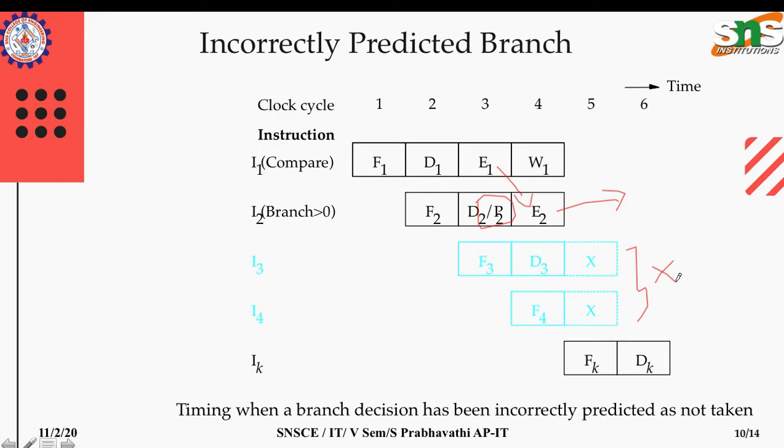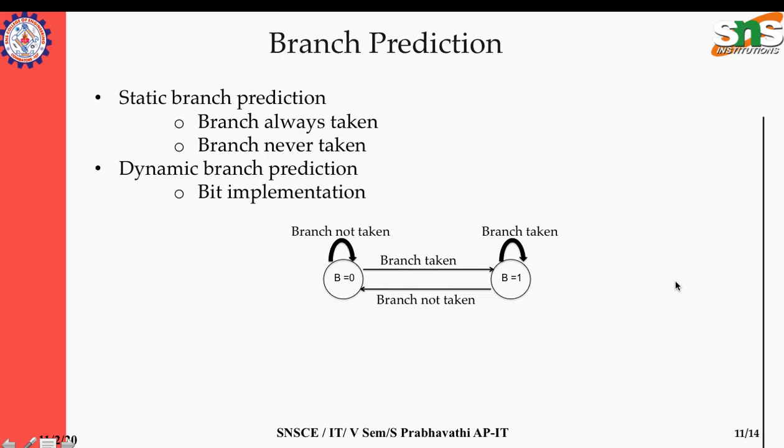If our prediction goes wrong, definitely the performance of pipelining is degraded. There is no other way to improve its performance. If the prediction goes wrong, it's always a 50-50 chance.